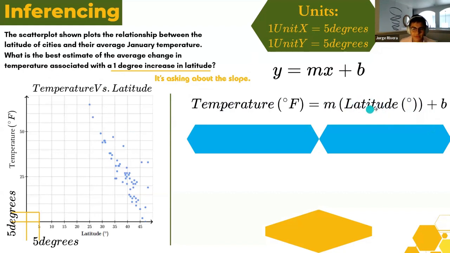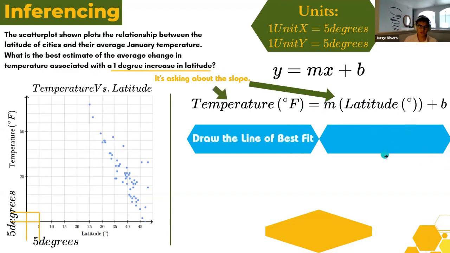It can be any x value, but if we multiply by m, that gives us the new value. So that's basically asking for the slope. This is asking for m. Whenever you see a question that asks for the best estimate of the average change in something associated with a change in something else, that is asking for the slope. So that's going to be asking for m.